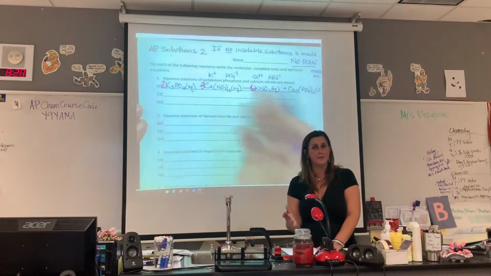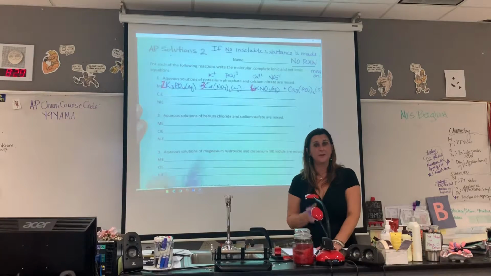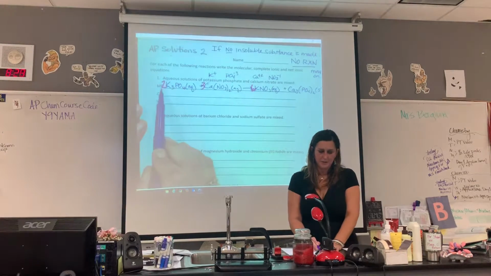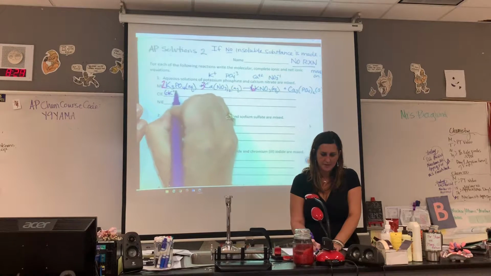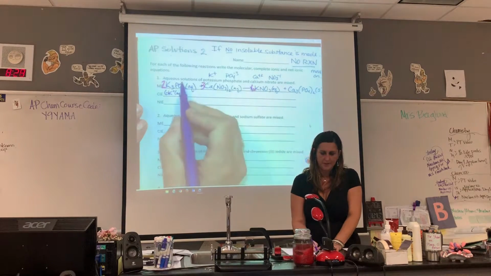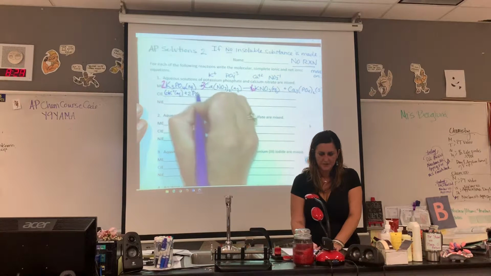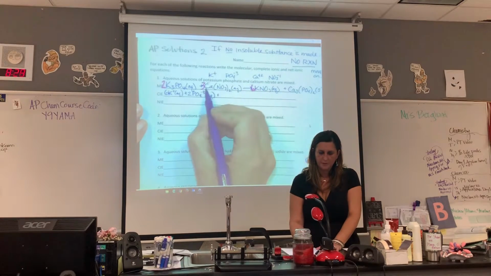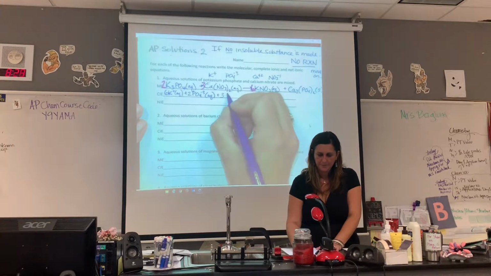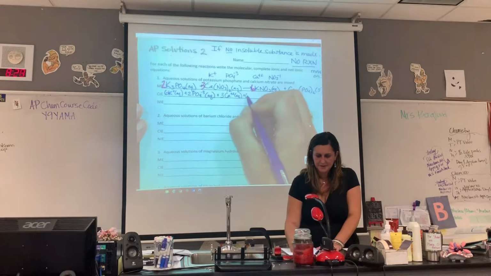And remember, the subscript on a monatomic ion then becomes a coefficient. If there's already a coefficient there, you multiply them. So we have 2 times 3 gives us 6 potassiums, aqueous. And we have 1 phosphate here times 2, so we'll have 2 phosphates, 3 calciums, and 6 nitrates.